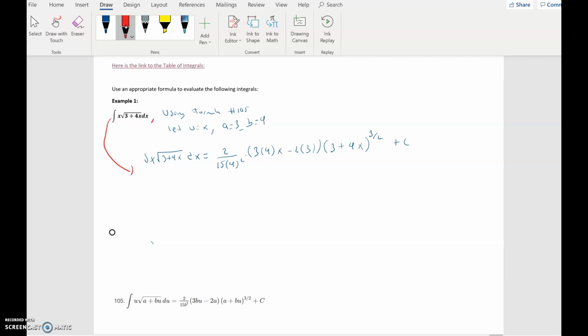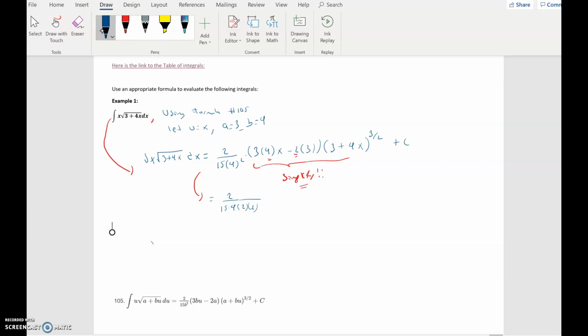The last portion of it is that we're going to have to simplify, technically the whole thing. So simplify as much as possible. In this scenario, this integral is going to be 2 times 15 times 4, and we're going to be able to cancel one of the 2's. Let me factor a 2 from here.